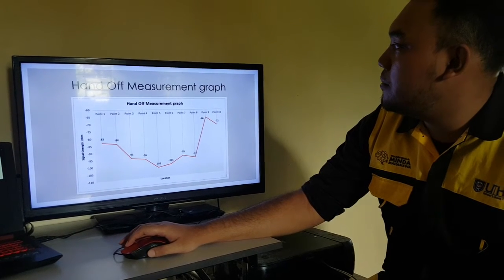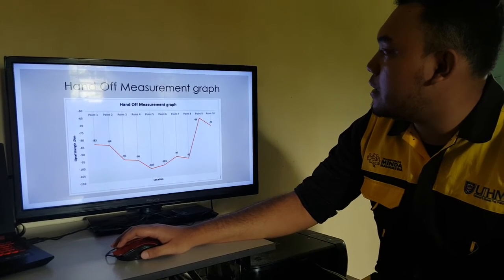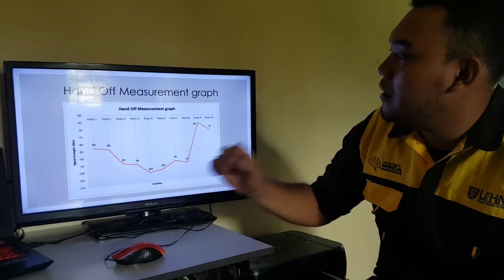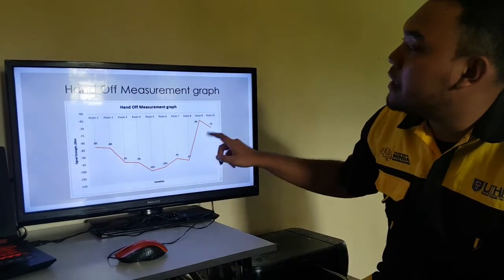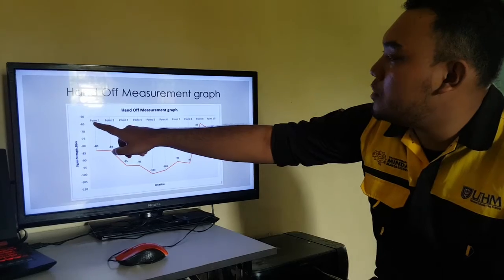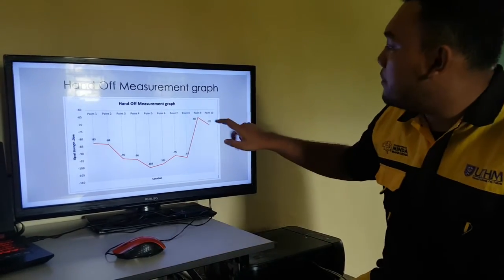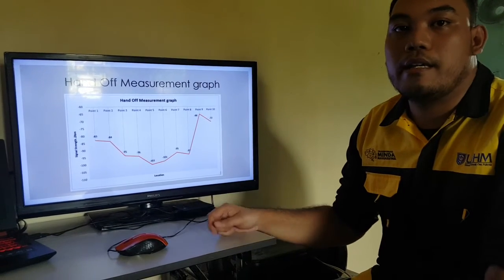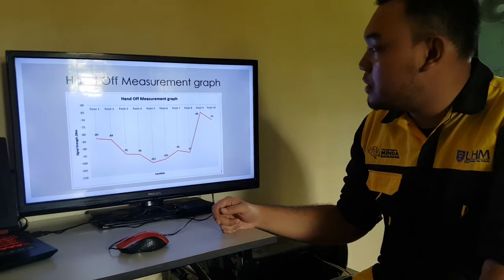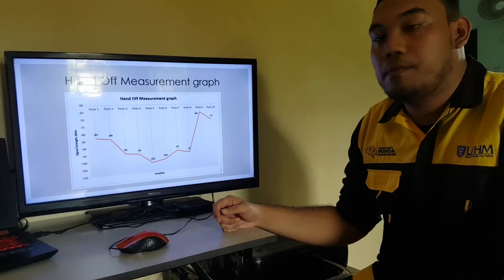So this is the measurement graph of the signal strength. As we can see, from point 1 to point 10, point 1 was near the first base station, which is at G2, and point 10 is nearly at the second base station at the FPTP building.